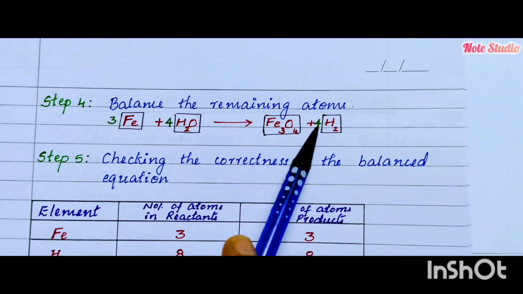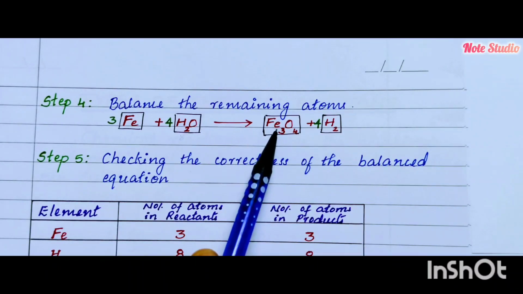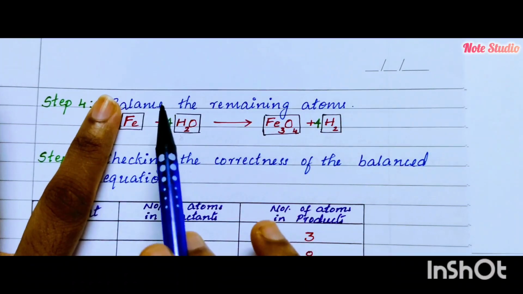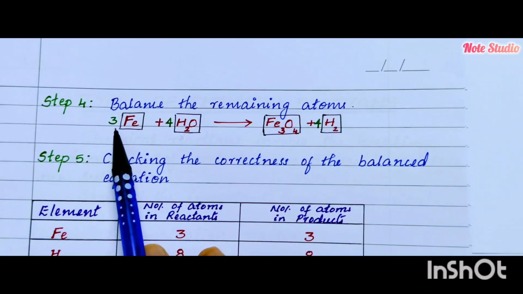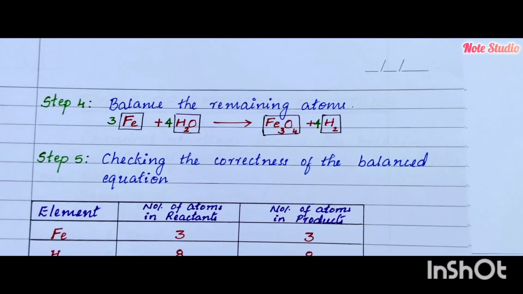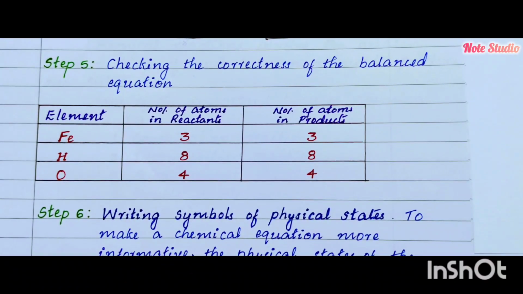When we write 4 here, this also is balanced. Now iron in the product side is 3, but in the reactant side before it was just 1. Now we have to add a 3 here. So this is the hit and trial method we have done. Now we have to check. That is step 5.